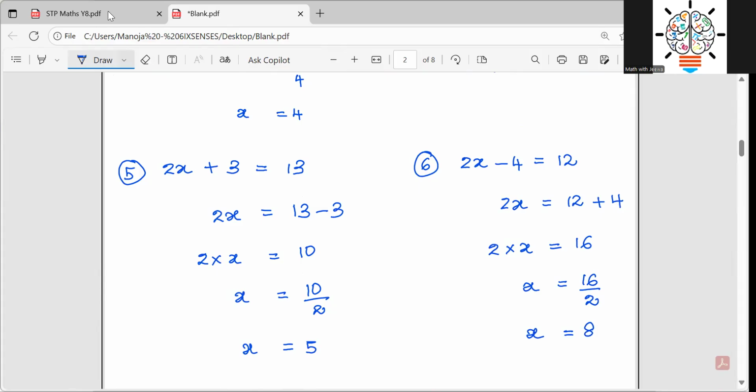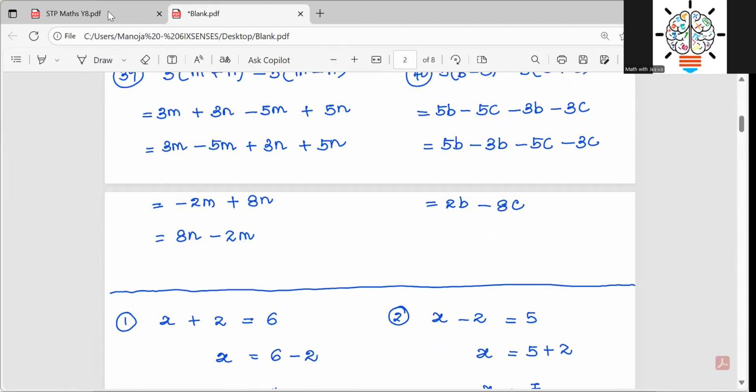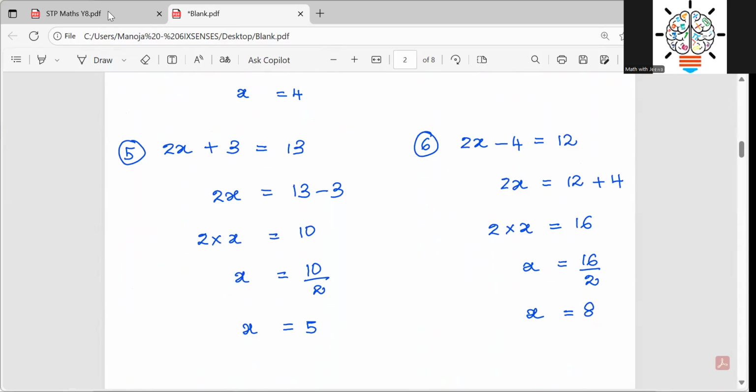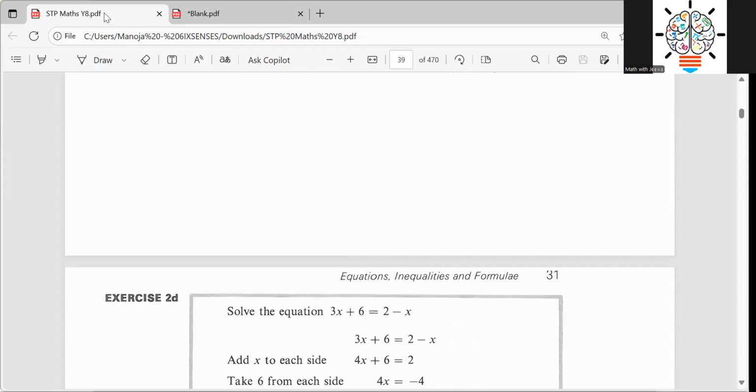Right? So if you can recall these 6 types of equations, then you are done with the basic concepts, right? So then we'll see the question they have given.